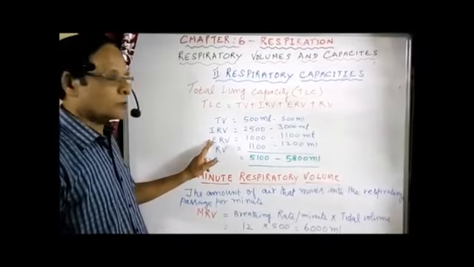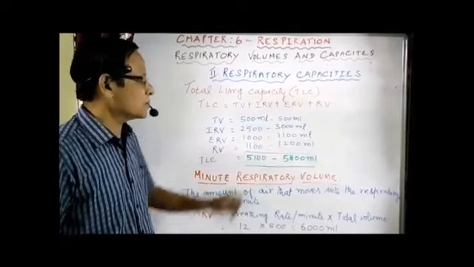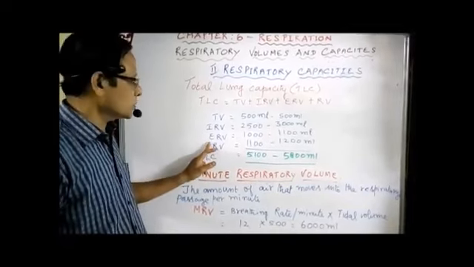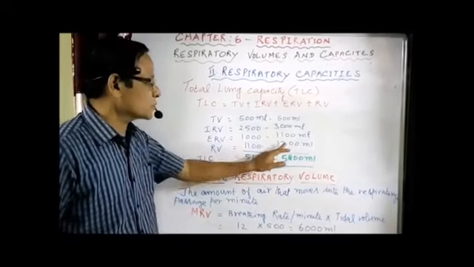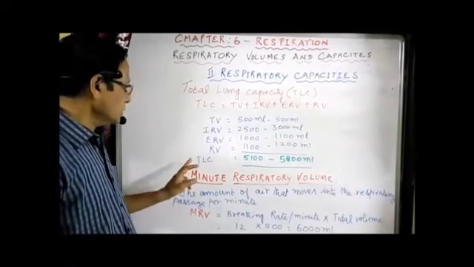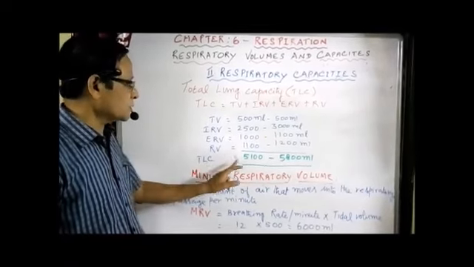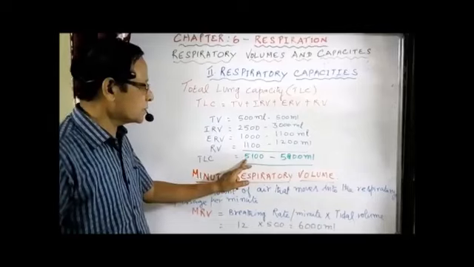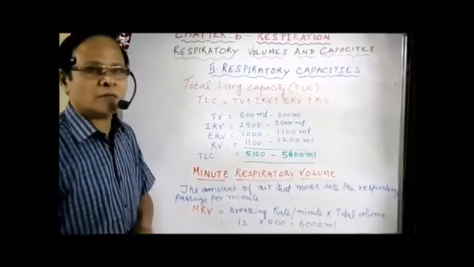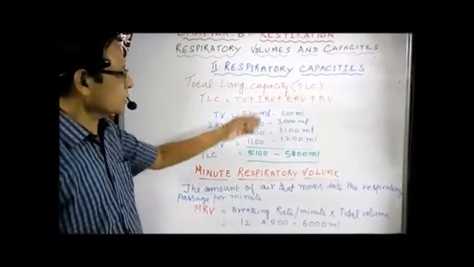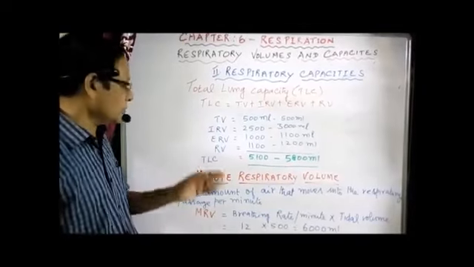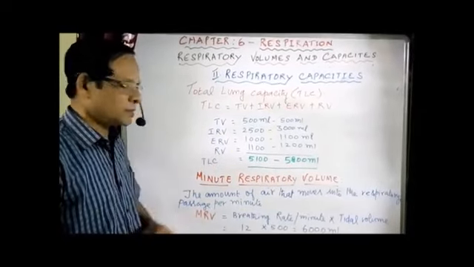Then expiratory reserve volume is equal to 1100 ml. Then the residual volume is equal to 1100 to 1200 ml. Therefore the total lung capacity is equal to 5100 to 5800 ml of air. We have to add all these four values, and only then can you get the total lung capacity.